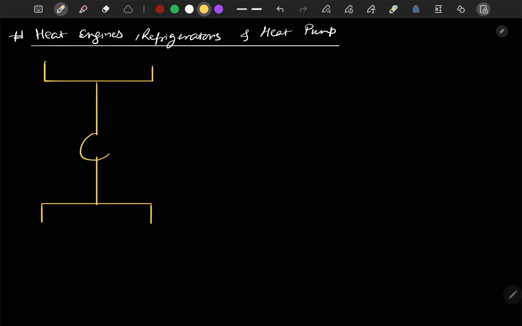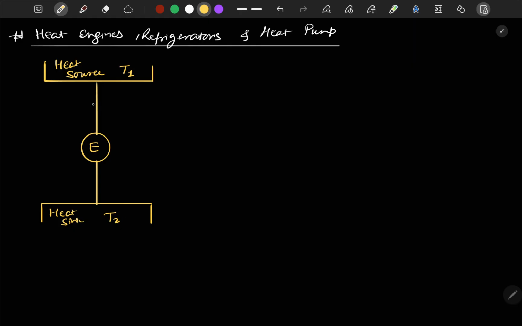So here our heat engine is attached. This is our engine. Now this is our heat source, heat source at T1, and this is our heat sink, at temperature T2.